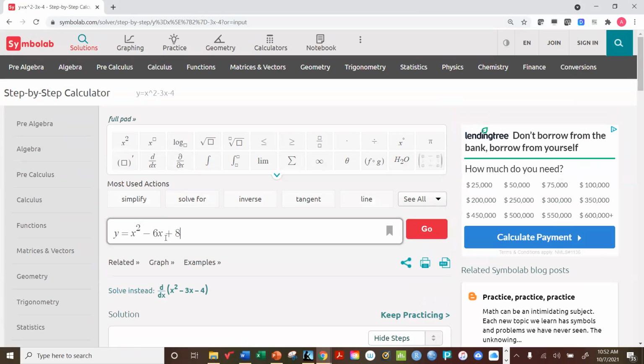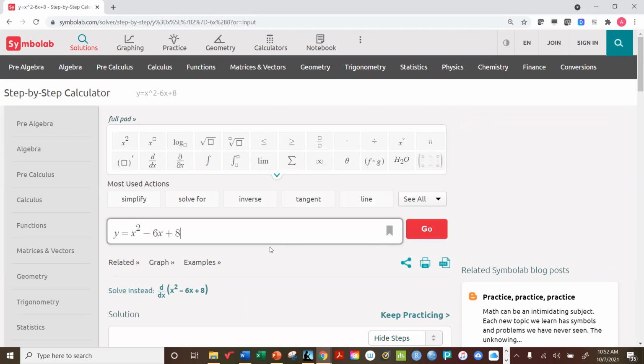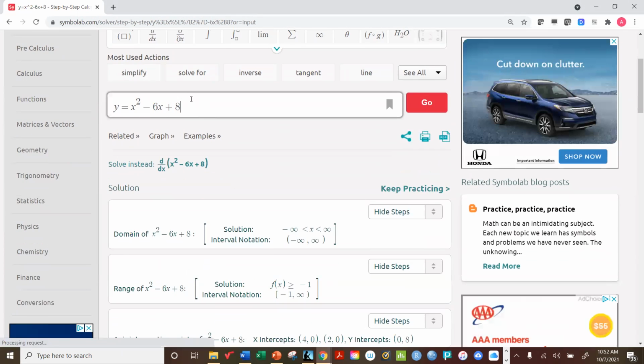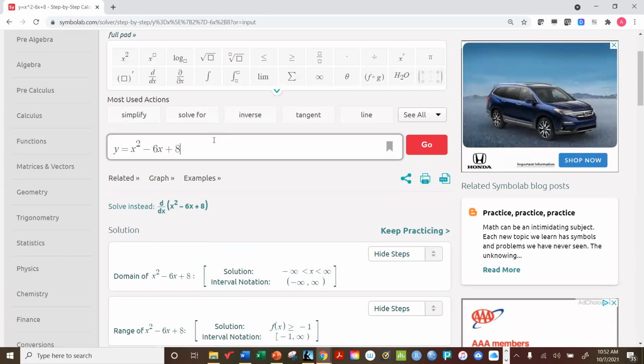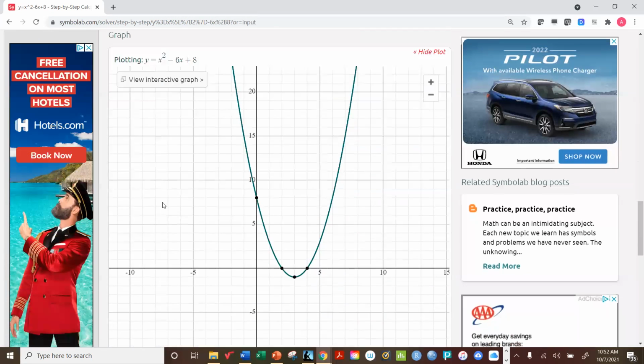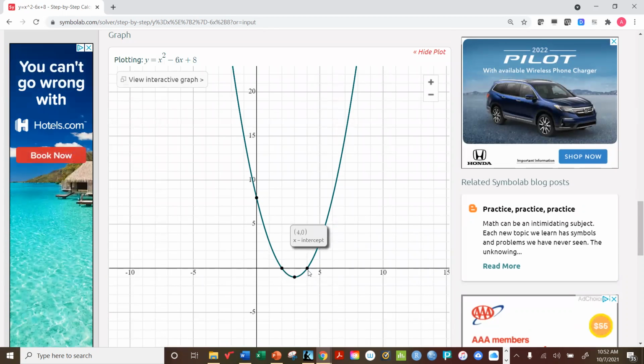Let's see what it looks like. And then we'll confirm that those 2 points are in fact the solutions. Okay, so yeah, here we are, 2, 0, 4, 0.